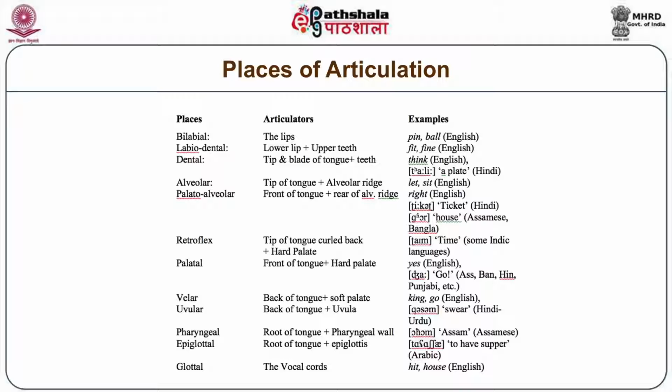Now, you notice that for each place of articulation in general, there are 2 articulators involved. They are known as active articulator and passive articulator. The basic difference between the 2 is that the active articulators are flexible and mobile, such as the tongue and the uvula.